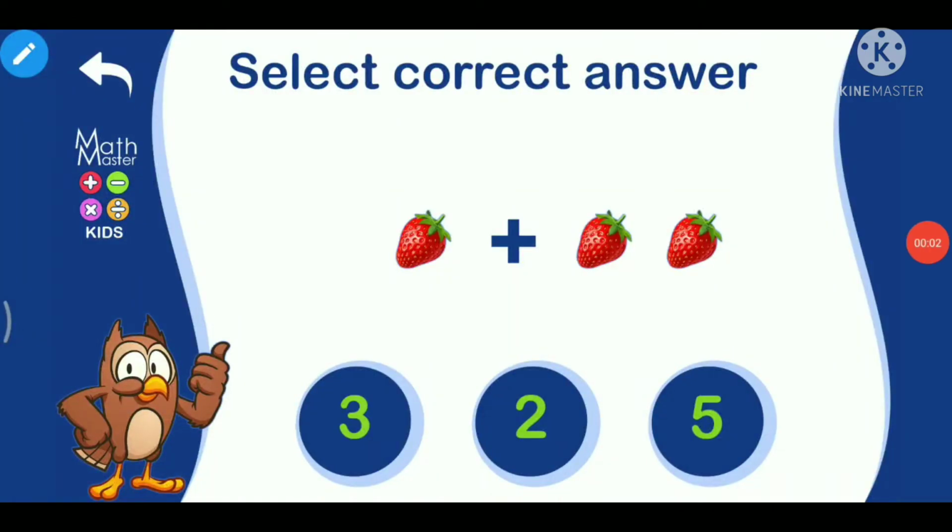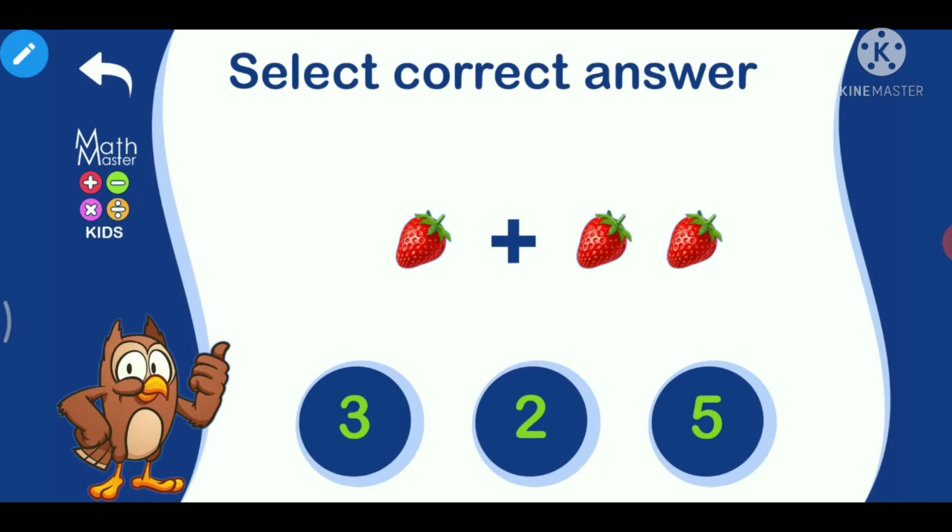So my dear students, here you can see some strawberries are given. Okay, and here you have to collect these strawberries, or I can say here you have to add these strawberries. Okay, so after adding these strawberries, how many strawberries we will get?